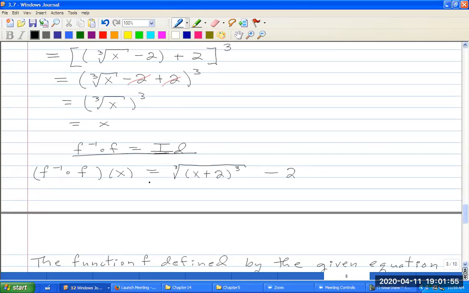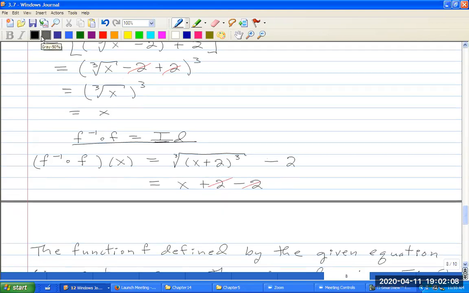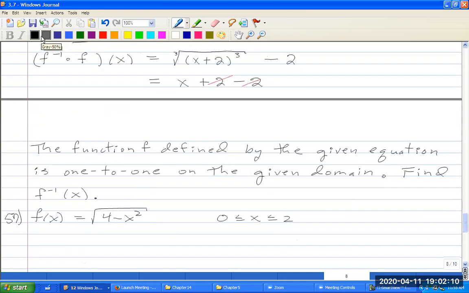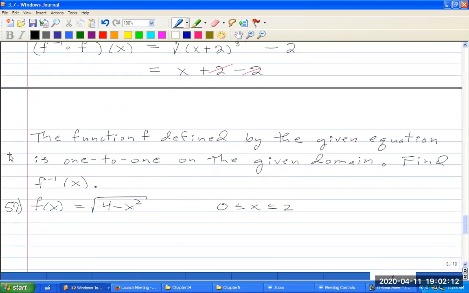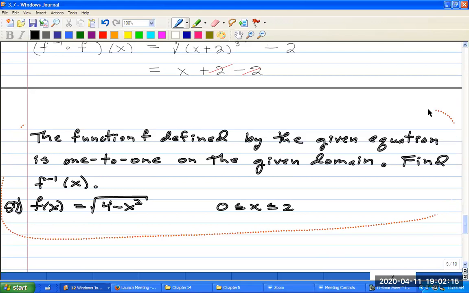Well, the cube root of x plus 2 cubed is just x plus 2. The 2's cancel. And so this is equal to, let's move this down.